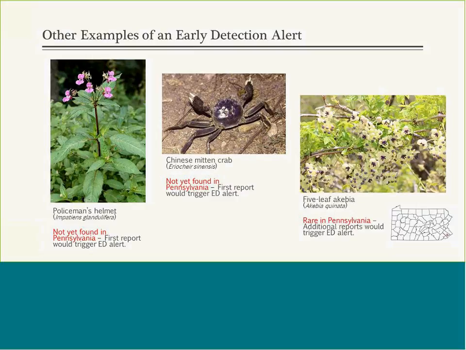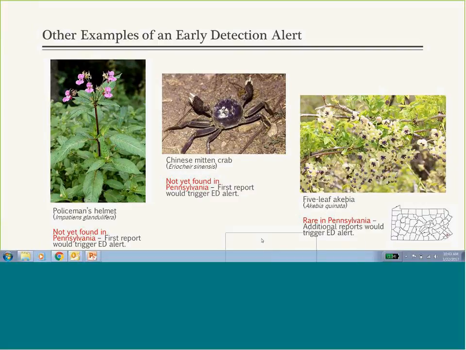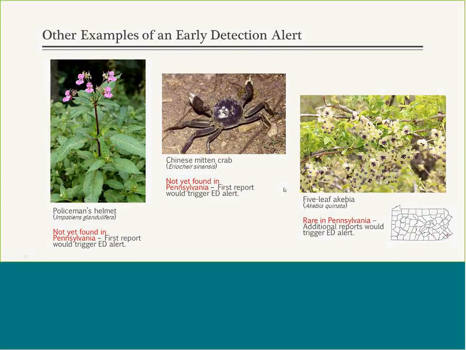Wide-leaf akebia is a species that we do have in Pennsylvania, but it's on the rare side, so we don't have very many findings of it. Any additional reports would trigger, again, an early detection alert.